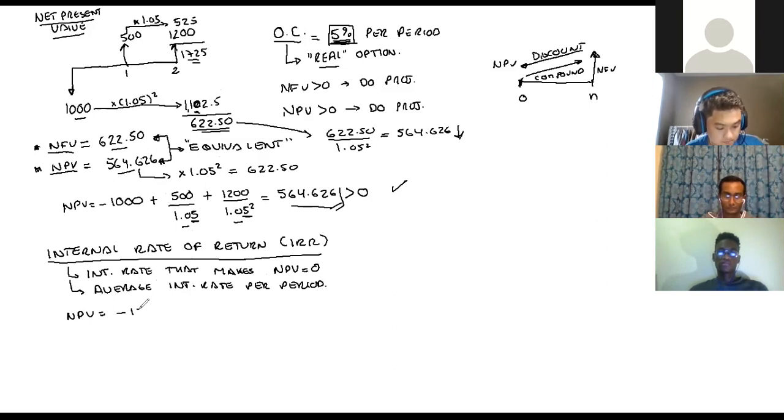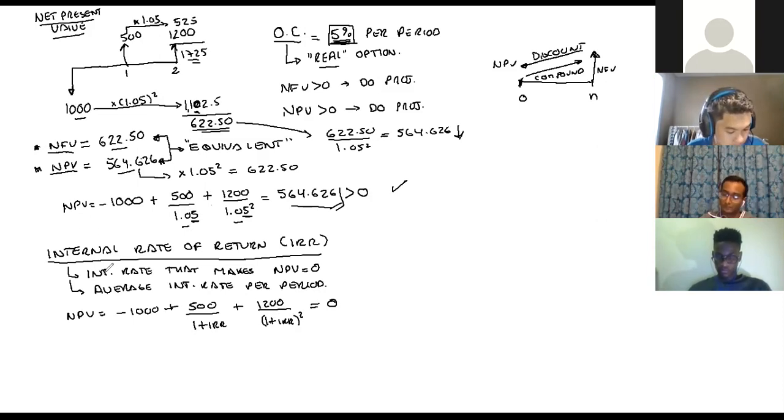The formula is going to be minus 1,000 plus 500 over, instead of 1.05, instead of using the opportunity cost, I will say 1 plus internal rate of return, plus 1,200 over 1 plus internal rate of return, all this squared. And I want all these to be equal to 0. Got it? Because that's the definition of internal rate of return. It is the interest rate that makes the net present value equal 0.